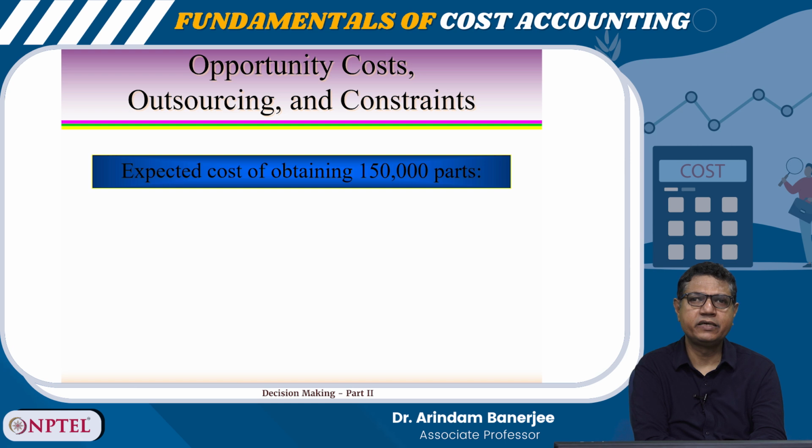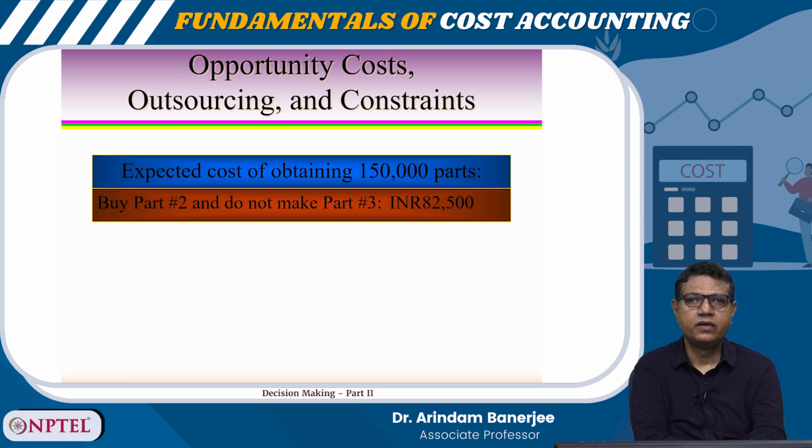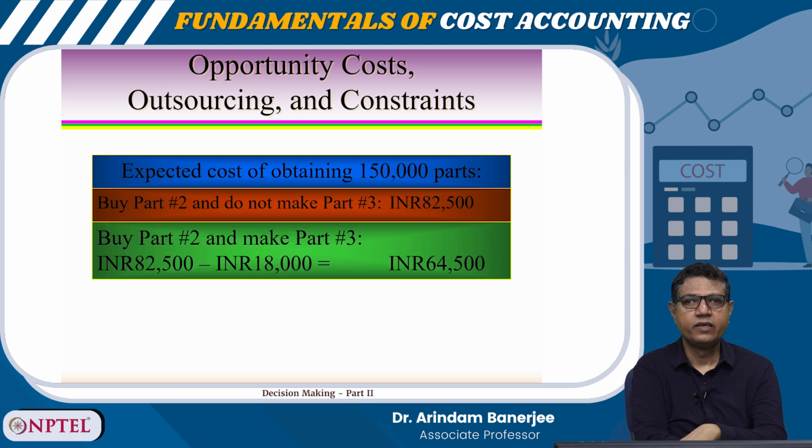Now, what is the expected cost of obtaining 1,50,000 parts? Buy part 2, do not make part 3. If it buys from outside, we have already seen there is a supplier called Sundar and company. If it buys from outside, the cost will be rupees 82,500.